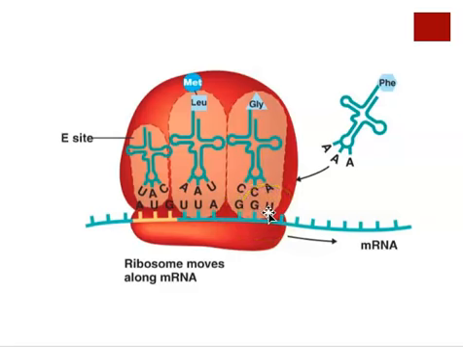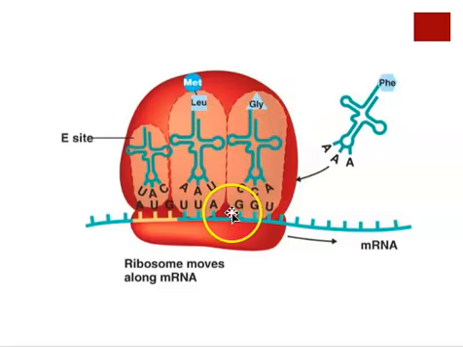So now what was in P has shifted over into this chamber, and we call this one E for exit. What was in the A chamber a minute ago is now in the P chamber. And a new tRNA is going to come in, and here it is.